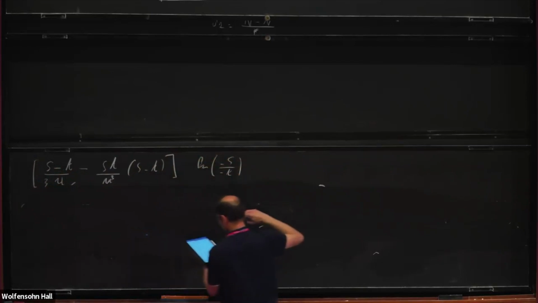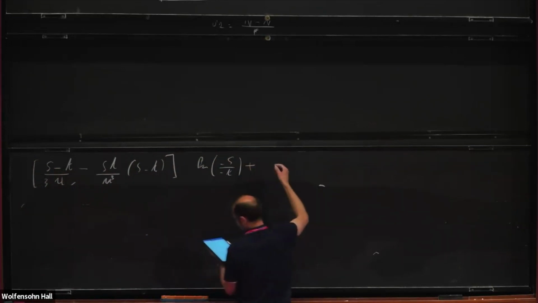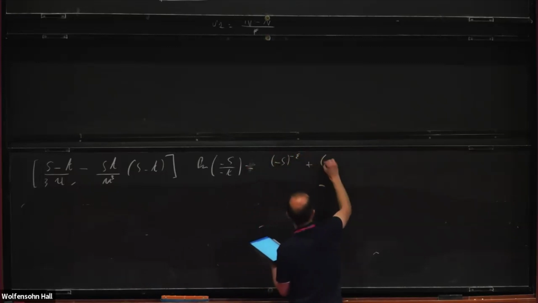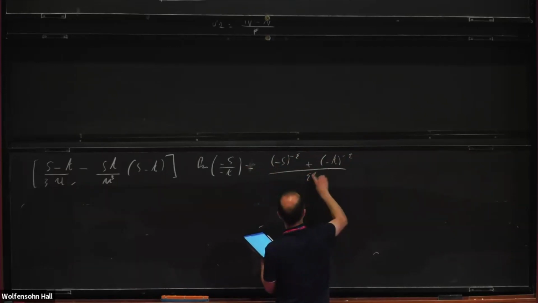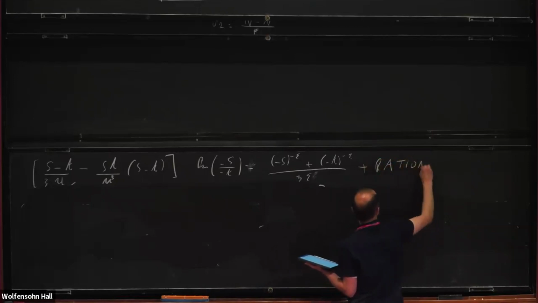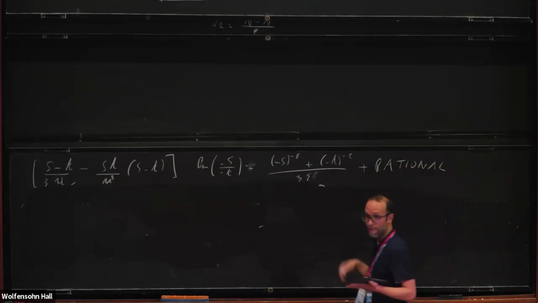Plus the usual thing that comes from infrared divergences: you have minus s to the minus epsilon plus minus t to the minus epsilon, then your infrared poles. And then plus rational. And that's very different from what you have in n equal 4, where this doesn't exist.